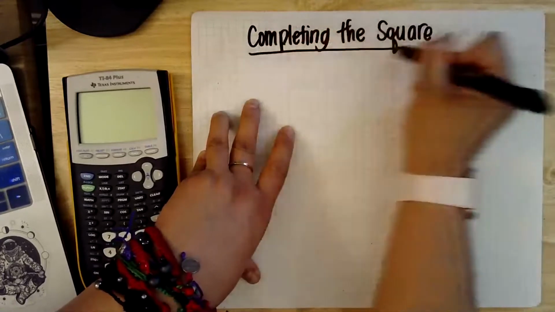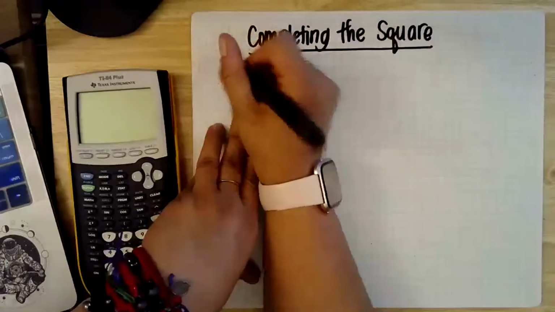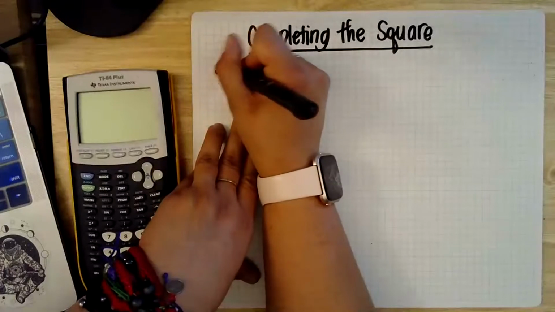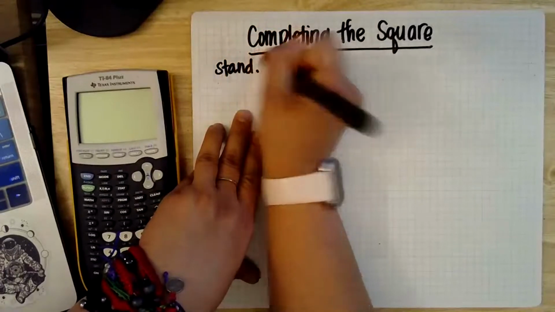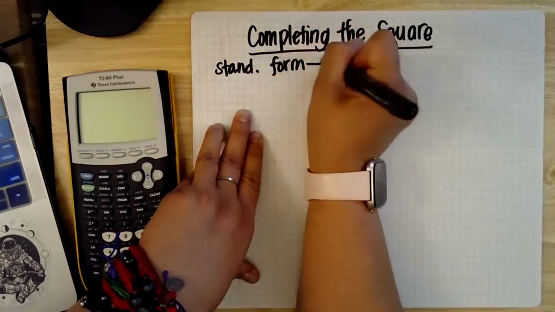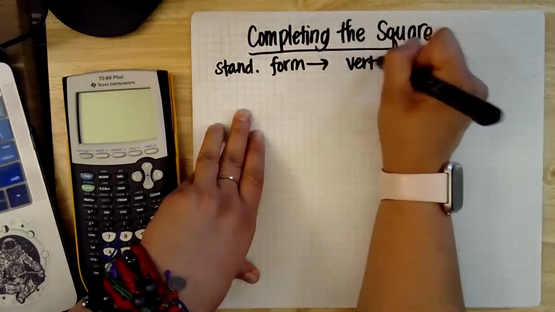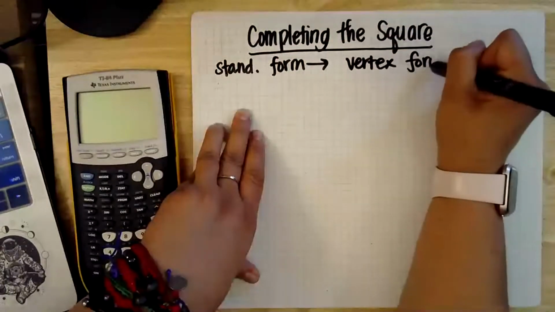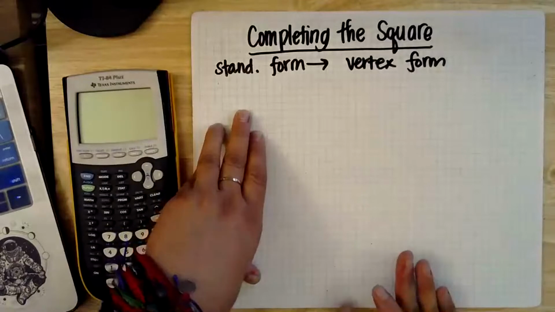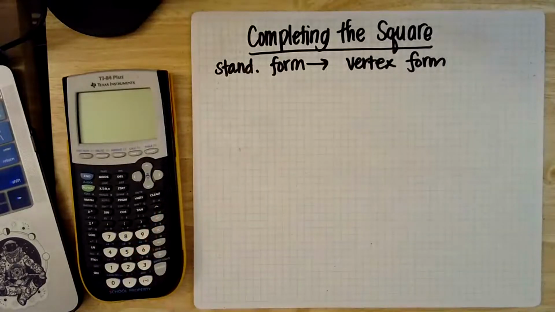So again, completing the square takes standard form and turns it into vertex form. And this is really important because vertex form gives me the vertex, the absolute minimum or absolute maximum of the function, depending where I'm looking at.